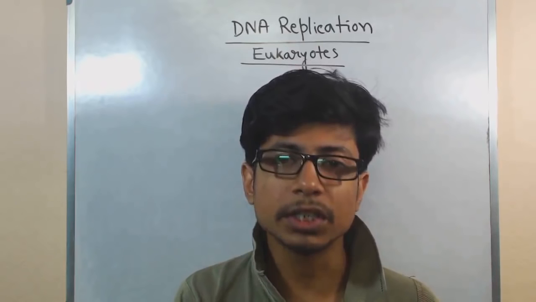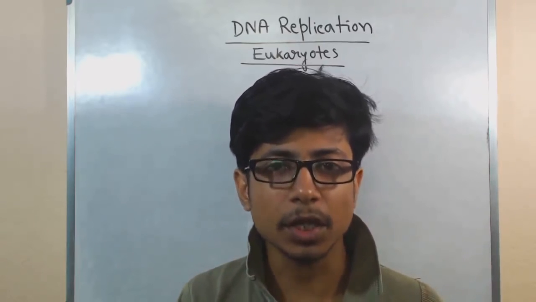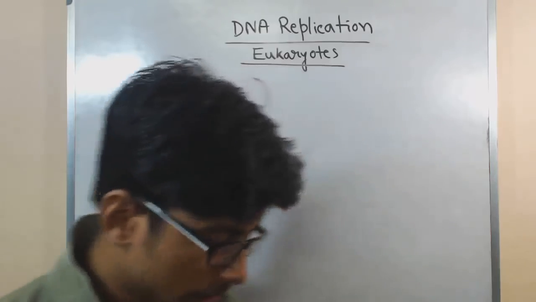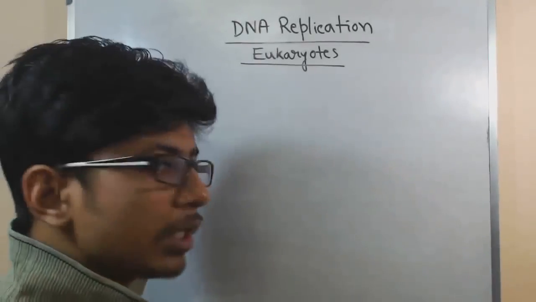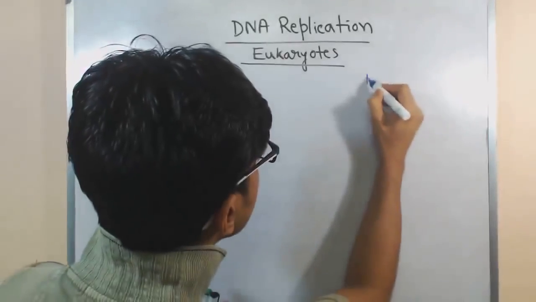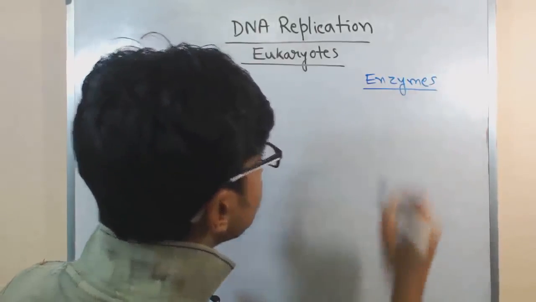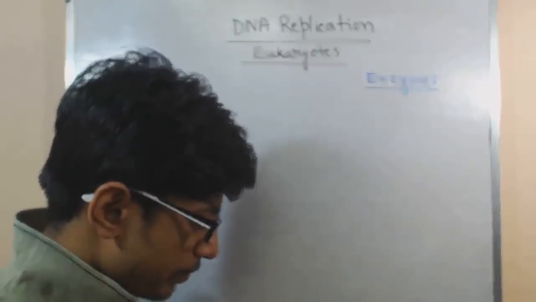From the next 3 lectures, we'll be talking about the initiation, elongation and termination of DNA replication in eukaryotes. So in this video, we are majorly concerned about the enzymes that are used in DNA replication and the basics of it.